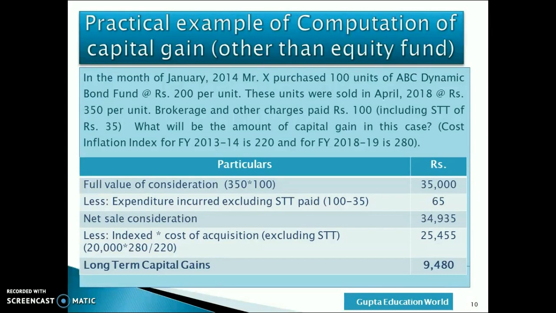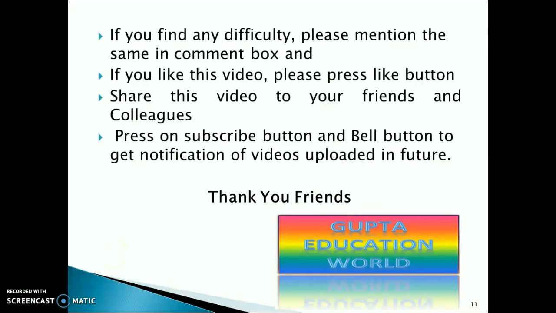So our indexed cost of acquisition will be 20,000 into 280 divided by 220. So our cost is 25,455. So our long-term capital gain will be 9,480.